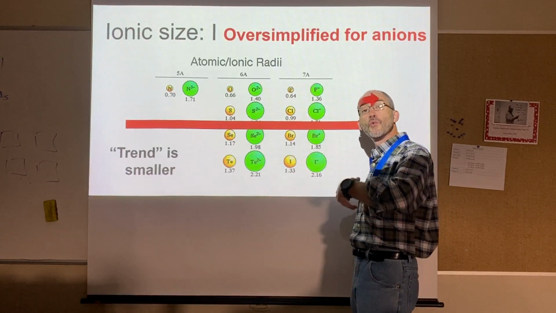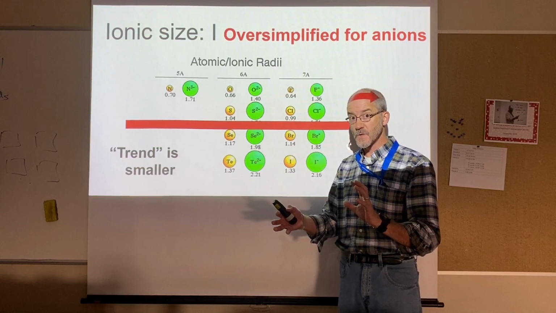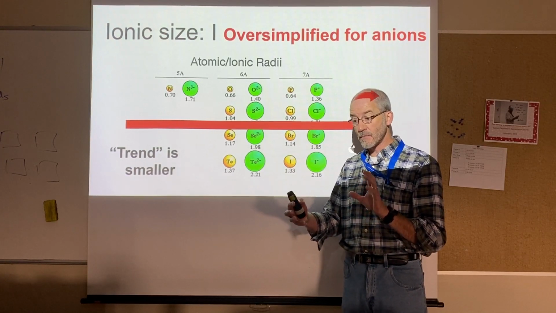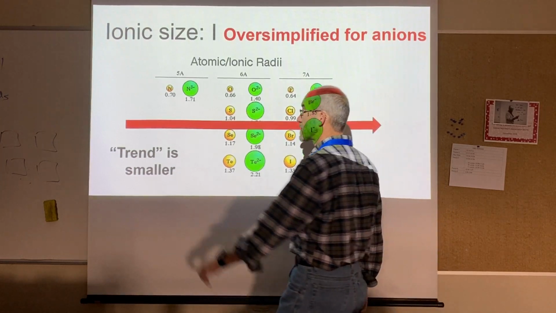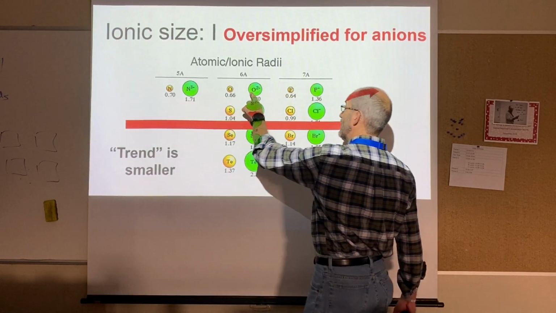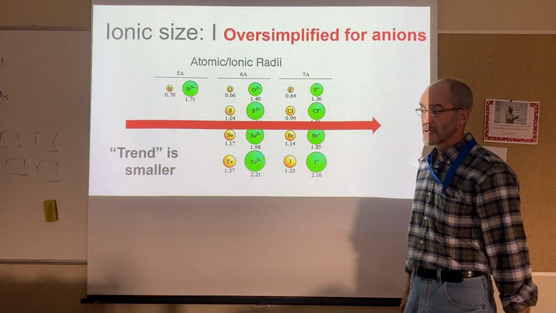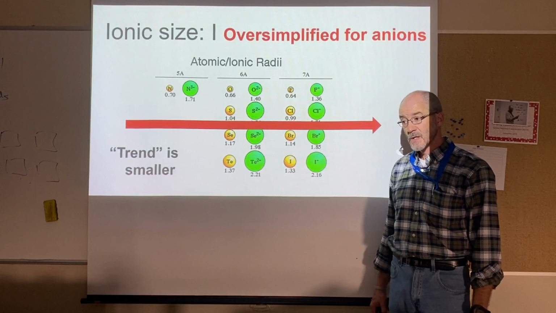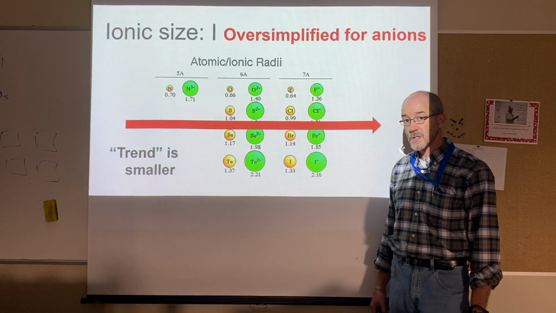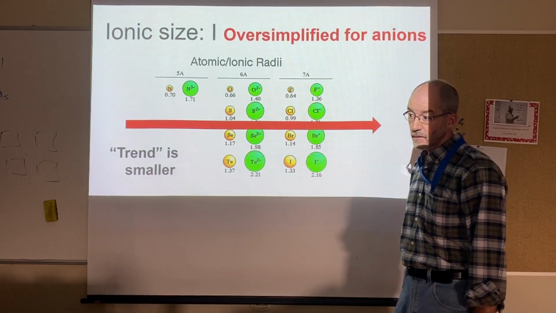Also, as you add electrons, you're adding more negatives. You're potentially adding more electron repulsion. So not only do you have a charge imbalance, you might also have more electron to electron repulsion. So your ionic radius gets bigger, okay?